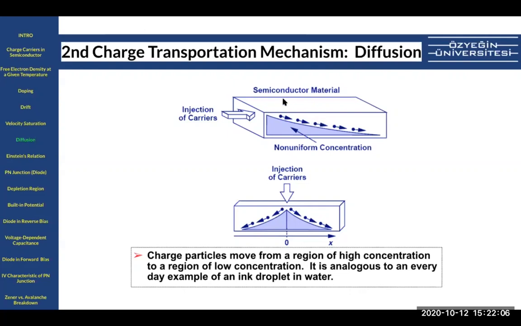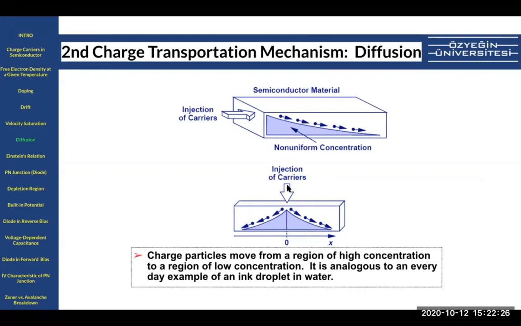This is also called diffusion in the semiconductor material. When we inject carriers from one point, those carriers will start to flow towards less, and it will start to form a non-uniform concentration in a junction.